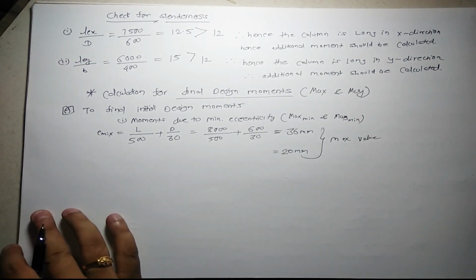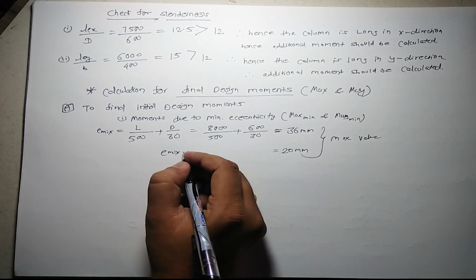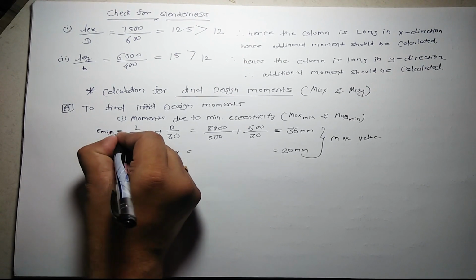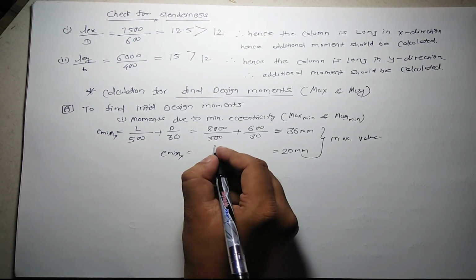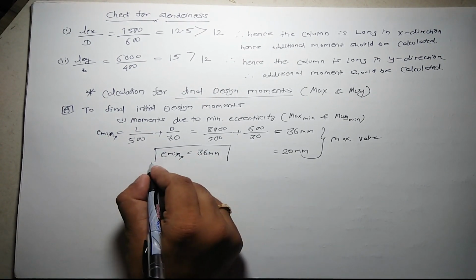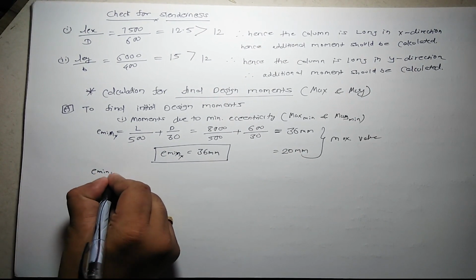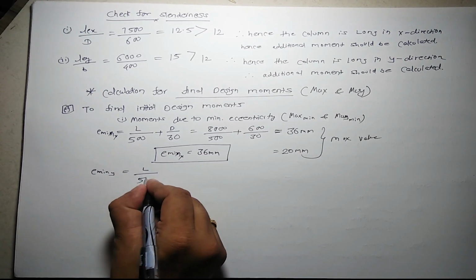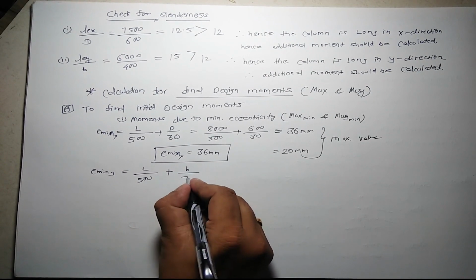So e minimum x equals 36 mm. Similarly we need to go for e minimum y. So e minimum y equals L by 500 plus small b upon 30.